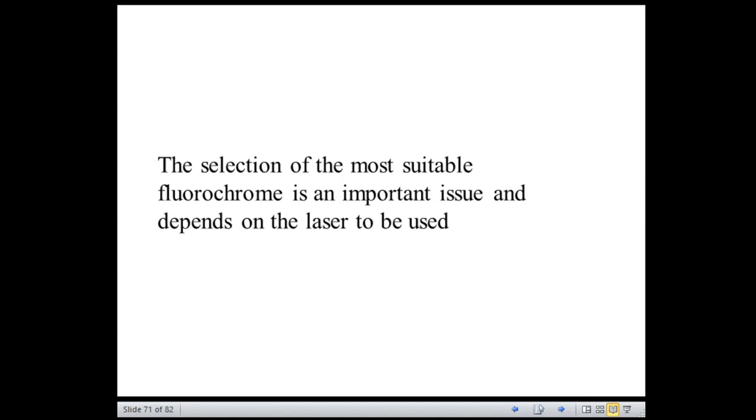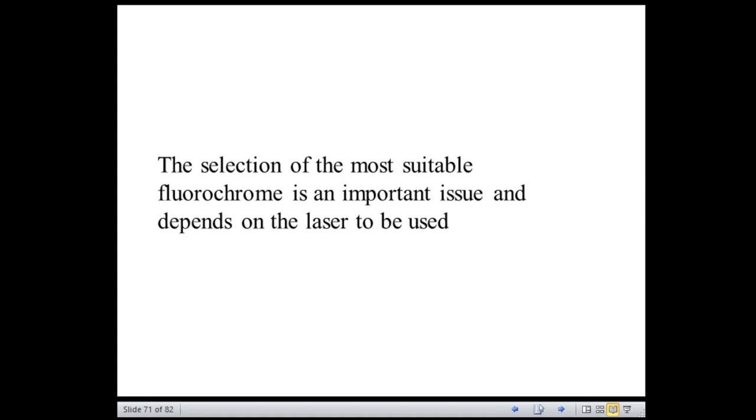Its emission with longer wavelengths makes it inappropriate for multicolor applications. And moreover, its fluorescence is highly pH sensitive, and it is also subjected to photo bleaching at a very high rate. Because it is sensitive to pH, a slight variation in the pH results in photo bleaching of the fluorochrome.